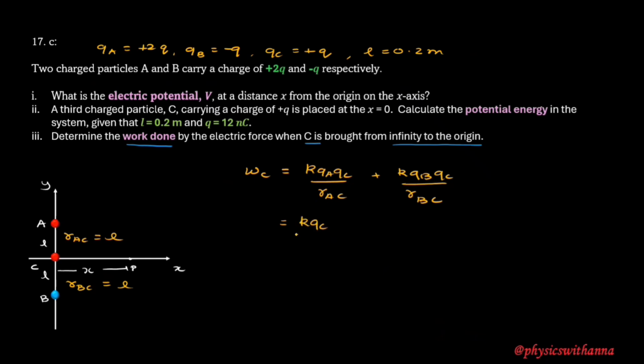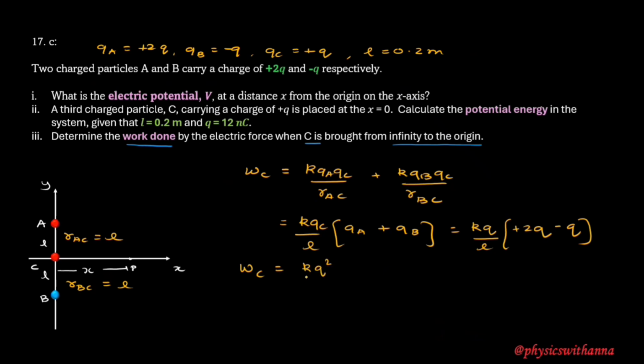RAC and RBC both are equal to L, QA plus QB. Now substitute the values of Q. QC is positive Q, QA is positive 2Q, QB is negative Q. So that gives me the work done in bringing the charge particle C is equal to positive KQ squared over L.